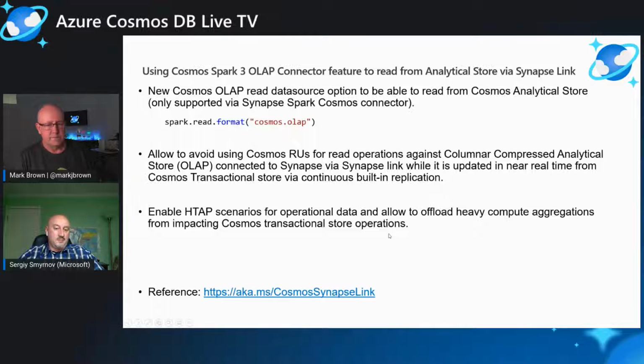All right. So another feature with the Spark 3 connector. This is an all-app connector feature. This gives you the ability to read the analytical store with Synapse Link. The only difference here is that instead of Cosmos OLTP in Spark read, we're using Cosmos all-app. This will allow you to read the data from our analytical store, if it's enabled on the Cosmos container, to read that internal columnar compressed analytical store via Synapse Link and avoid using RUs for that operation.